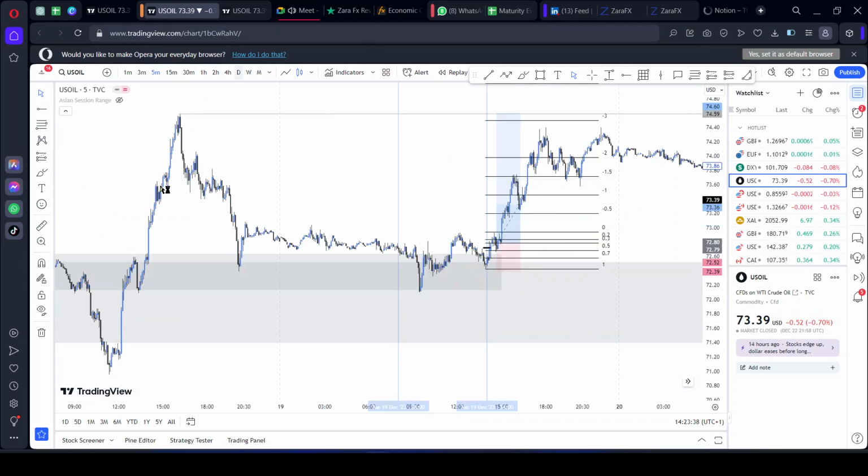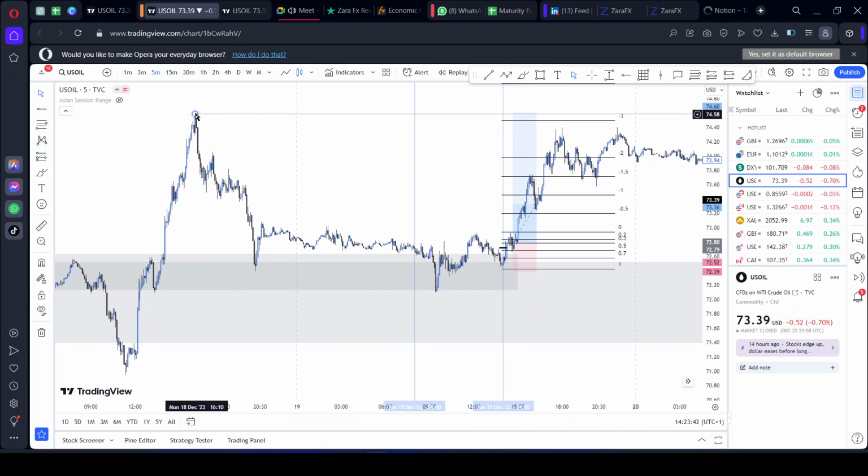Now, if you see this setup that we have here on US oil, this was our structural point, our 1 hour structural point, right? I'm on the 5 minutes time frame, but remember this is the 1 hour structural high. That's my target.